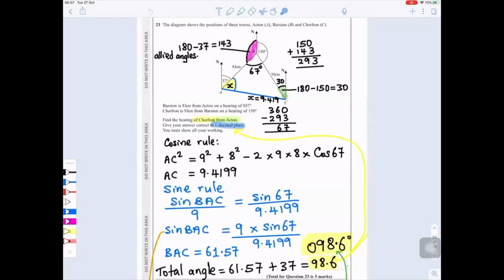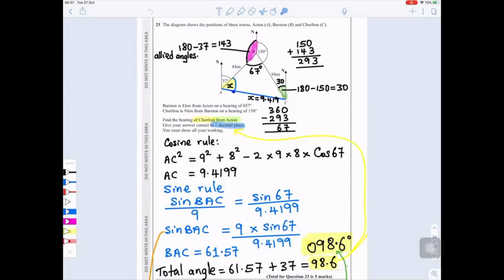So we go now to looking at question 23. We start by using the cosine rule. In that triangle, AC is the blue line.